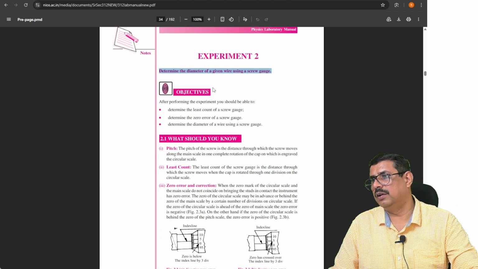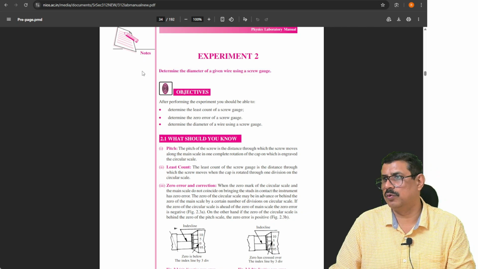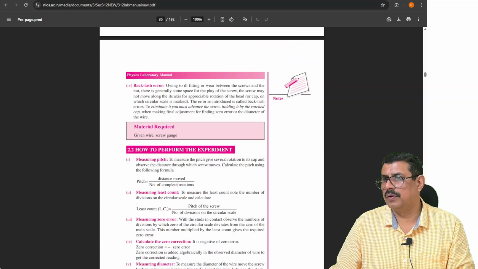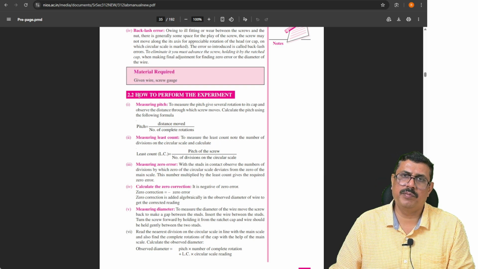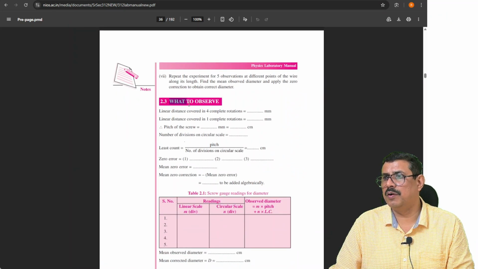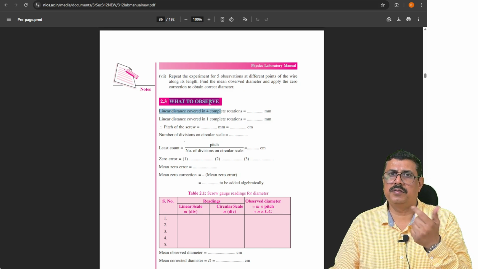See what is written here and what you have to write in the notebook. You have to write the aim. You don't have to write the objective, or what you should know. Then write the material required, then the procedure, how to perform the experiment. After that you have to write the observation. Don't write what to observe, write the observation.